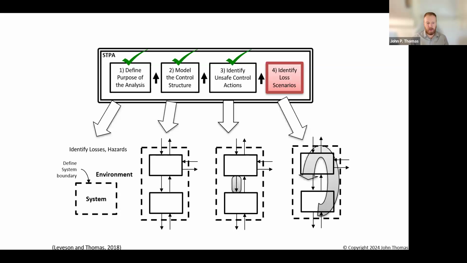And we want to identify scenarios where the controller did the right thing, but we still had a hazard and a loss despite all of the controllers doing what they were supposed to do. And so there's a lot of scenarios to cover in step 4. And that's what we're going to talk about today. We're going to skip over the first 3 steps and jump right into step 4.